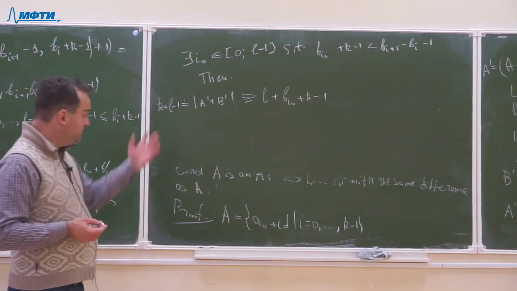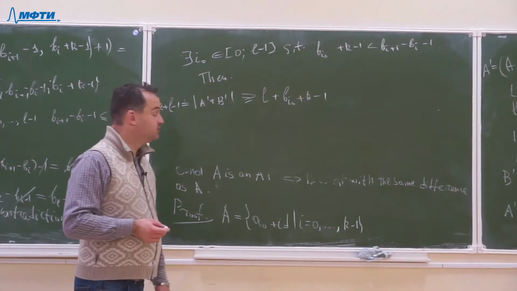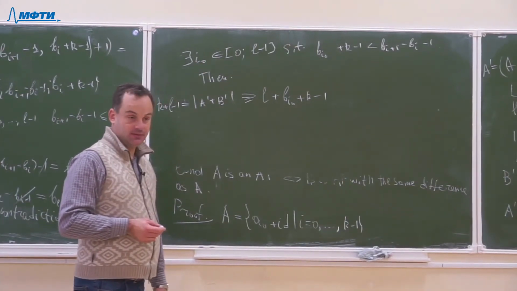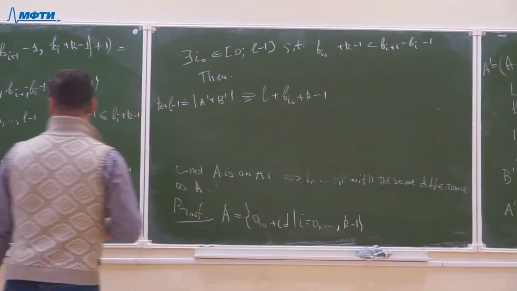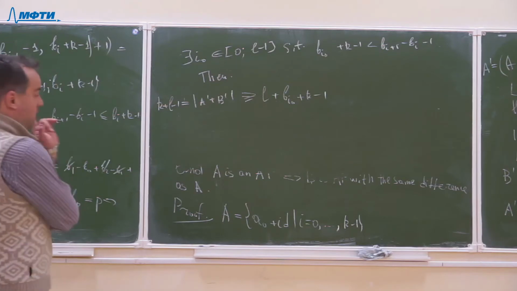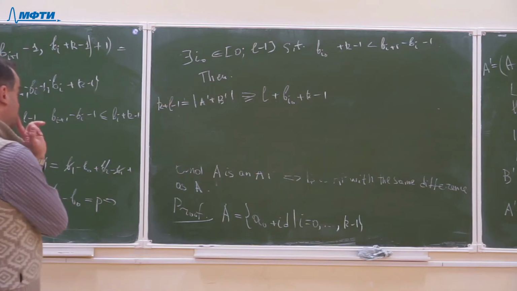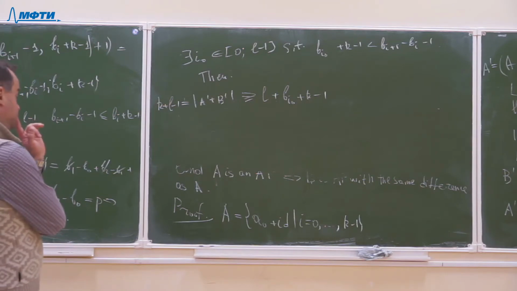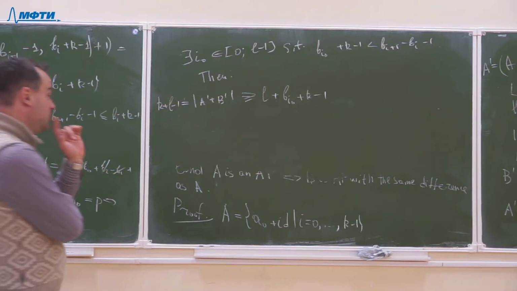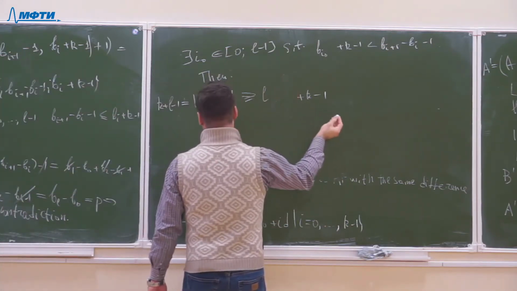Which means that this Bi0 is 0. It's positive, so it's at least L plus k minus 1.